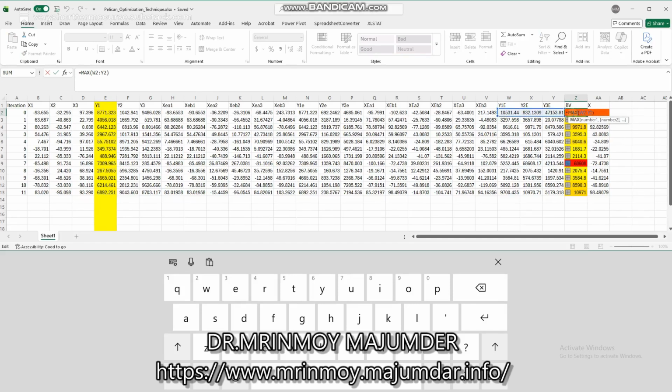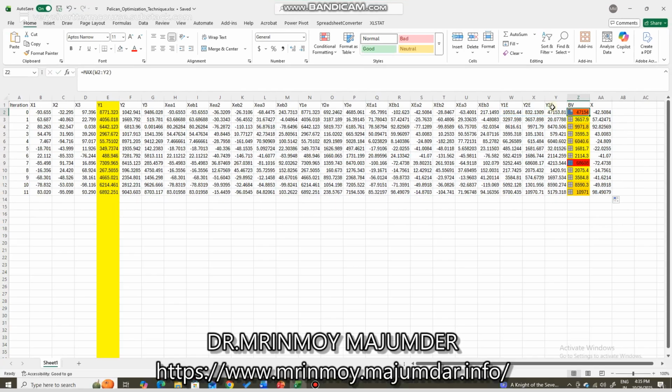Accordingly we find the y which is maximum among the three agents, and with the help of the lookup function I have identified the value of x for which this y is maximum. So just remember that in Excel you have to calculate both equations whether or not your agent outclasses the prey agent.